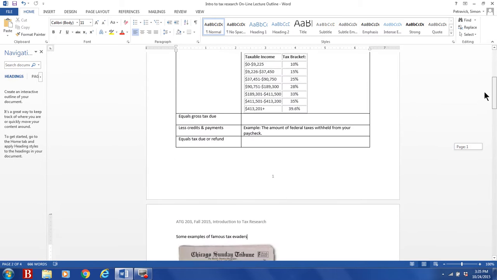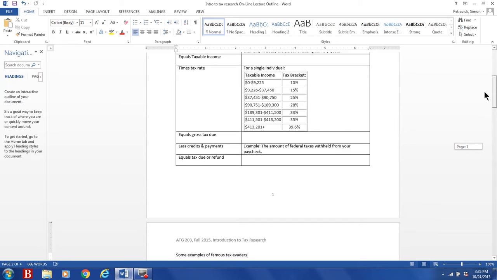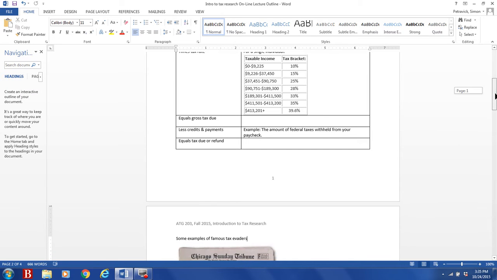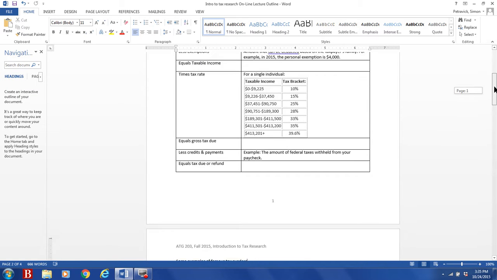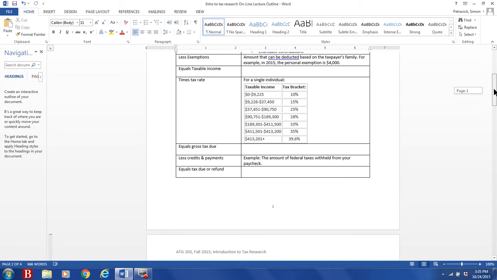So when you look at some of these tax rates, and how much of a person's income could be paid to the federal government, I guess we can see why there might be some motivation for trying to either lower your income or increase those deductions.